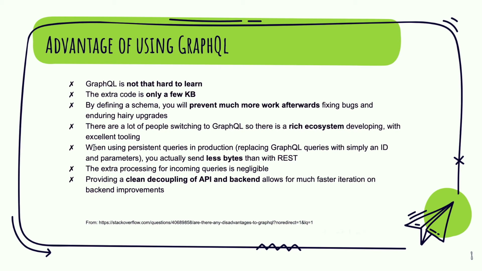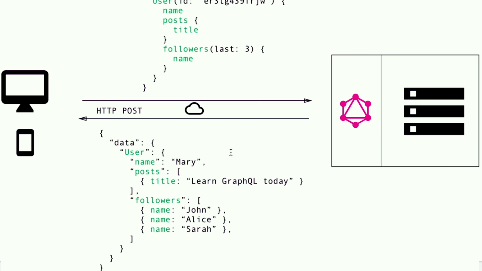When using persistent queries in production, replacing GraphQL queries with simply an ID and parameters, you actually send fewer bytes than REST. This means that if we go back to our picture, you can see we have some queries, and those queries have some parameters.